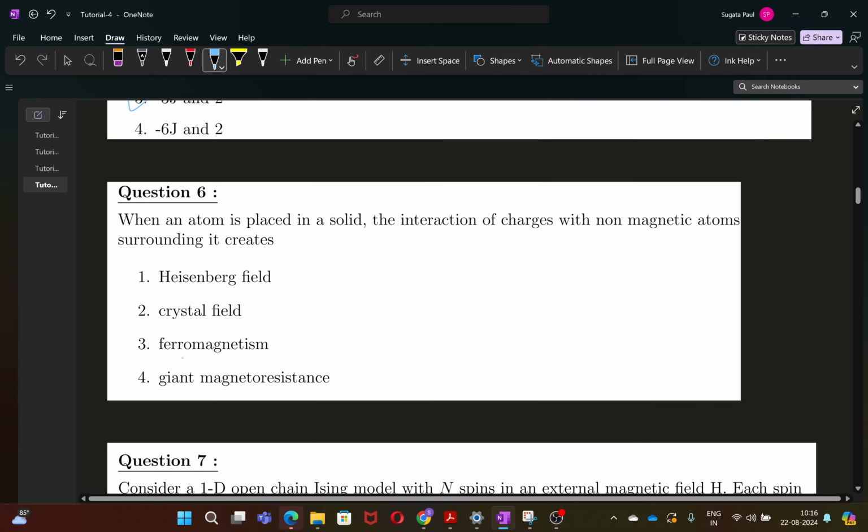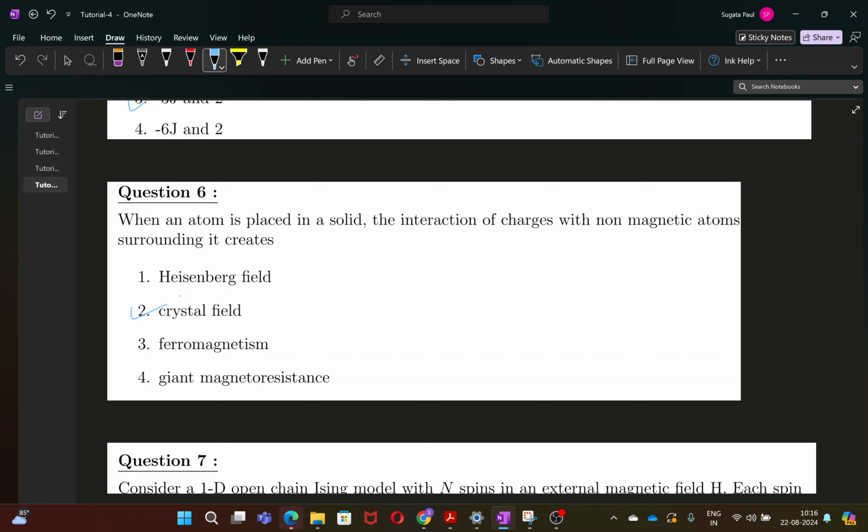Then question 6 is that when an atom is placed in a solid, the interaction of charges with non-magnetic atoms surrounding it creates, and you have to choose the correct option. So the answer will be a crystal field. We had already studied it before in the lecture session that because the atom is placed in the solid, it is interacting with the charges of the surrounding non-magnetic atoms.